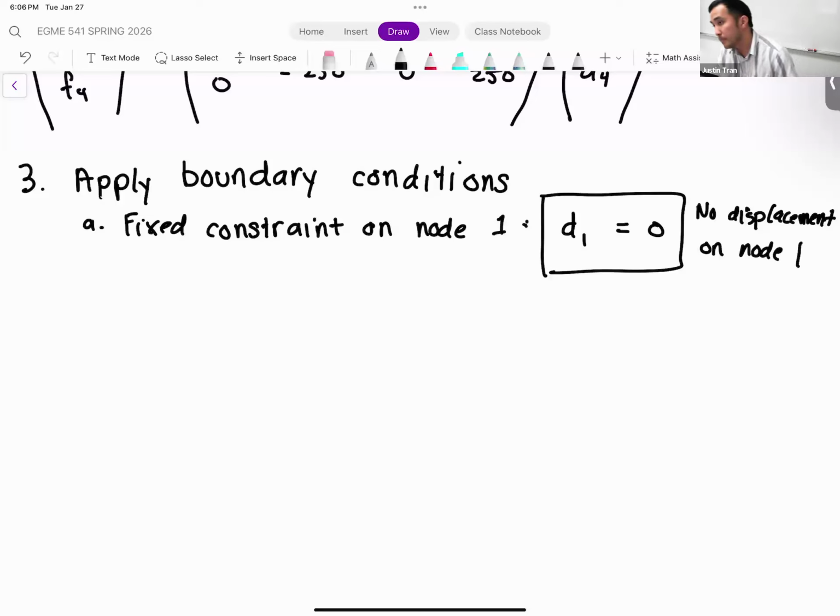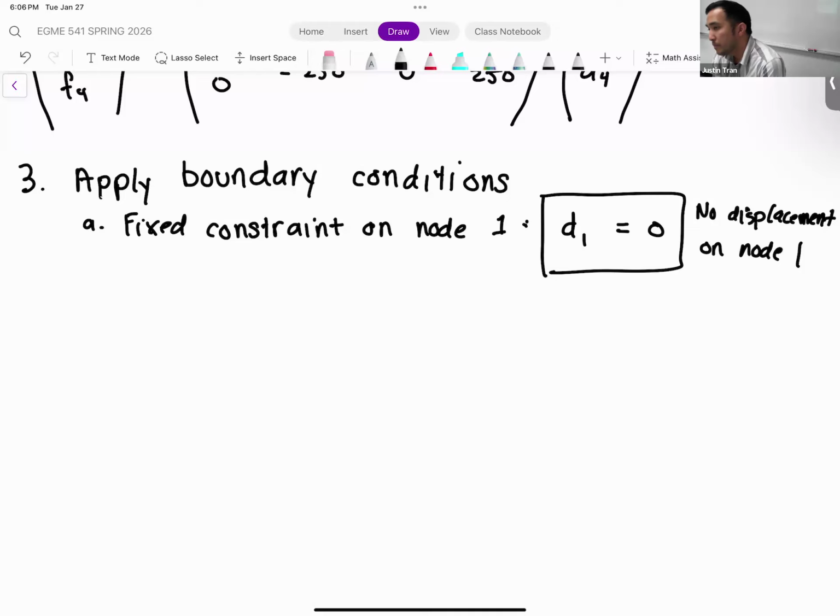For the boundary conditions, we have to remember these, thinking of whatever system we have, and remember each boundary condition and its value.